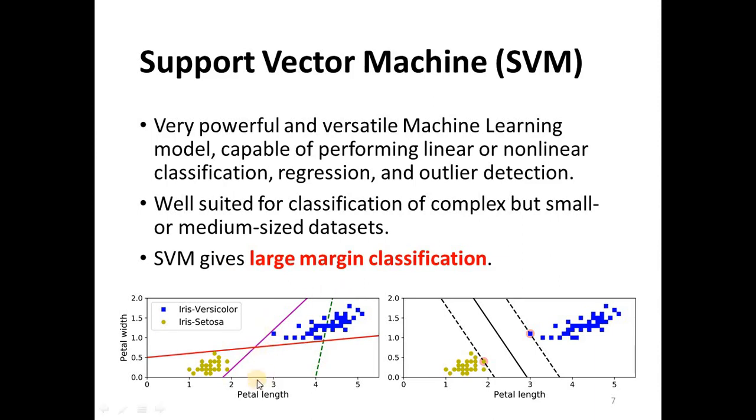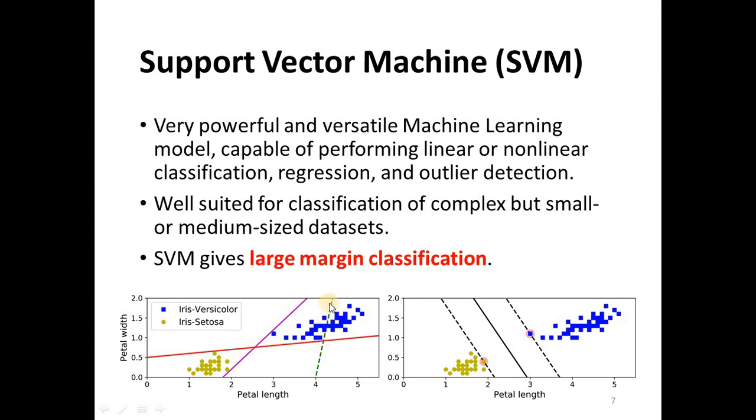Now, assume that we have two classes, yellow and blue, and we have two features, petal length and petal width, and we're searching for a decision surface that separates the two classes.